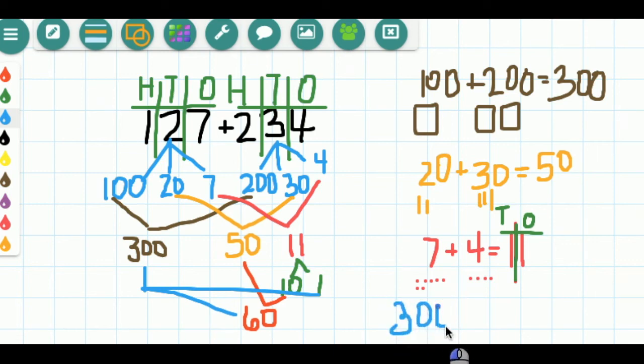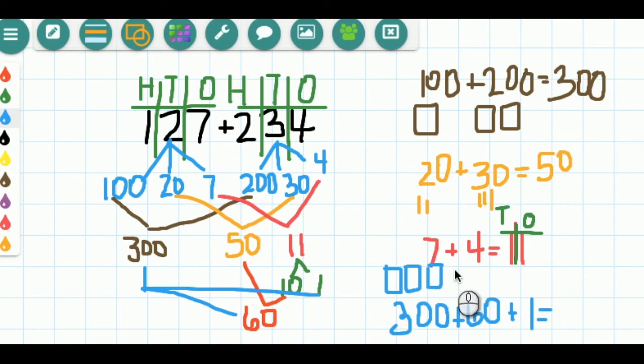So 300, and this would be expanded form, right? 300 plus 60 plus 1. So 300s, 1, 2, 3. 6 tens, and 1 one. 361.